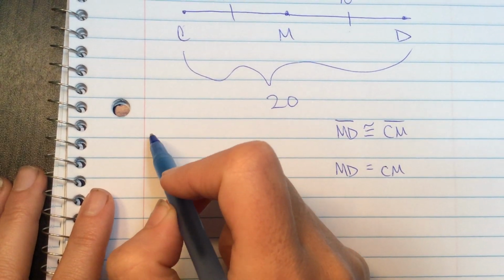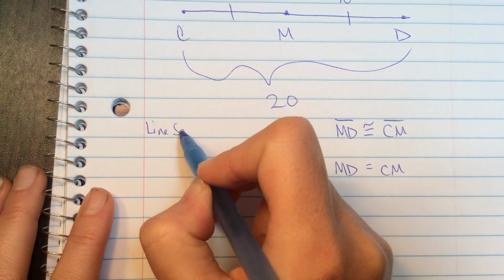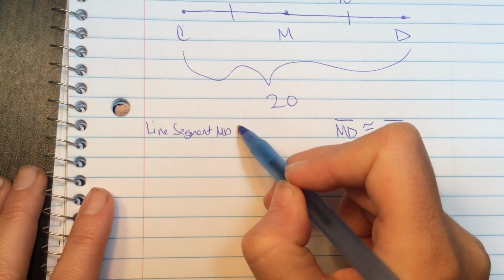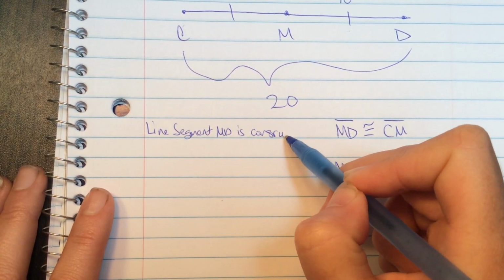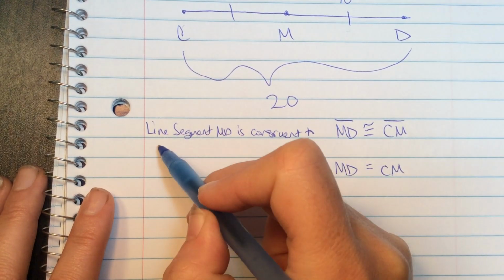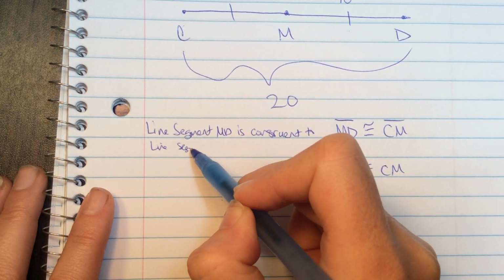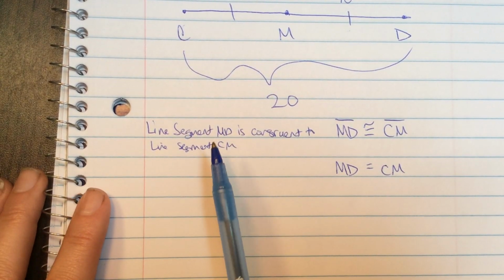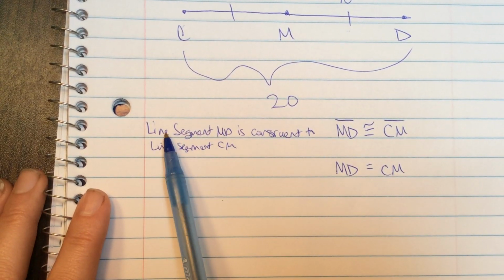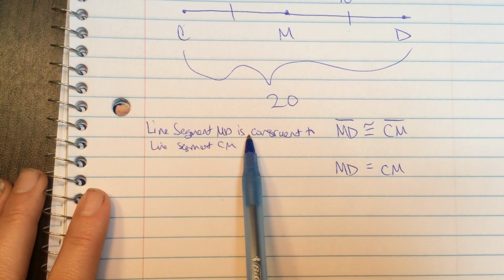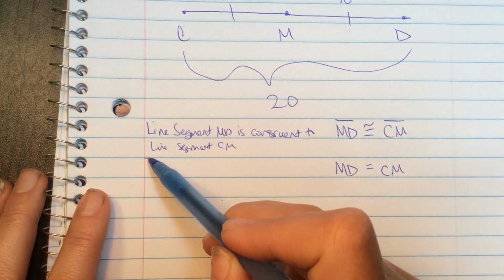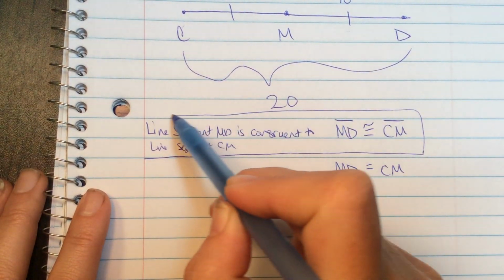This one says line segment MD is congruent to line segment CM. That's how you say that out loud. Line segment MD is congruent to line segment CM. I'm going to draw a line here so we can separate these.